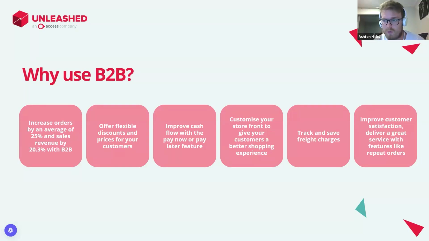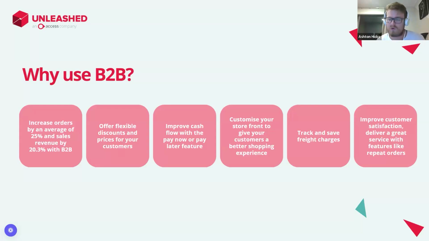The reason there's more revenue and more order frequency is that it gives the customers the ability to do it on their side, so not having to rely on emails, phone calls, anything like that. You might not be available for whatever reason if they're trying to phone you to place an order. This completely gets rid of that disruption.